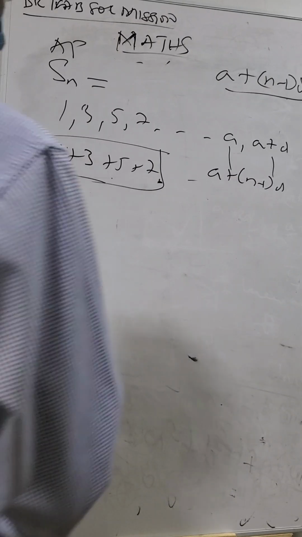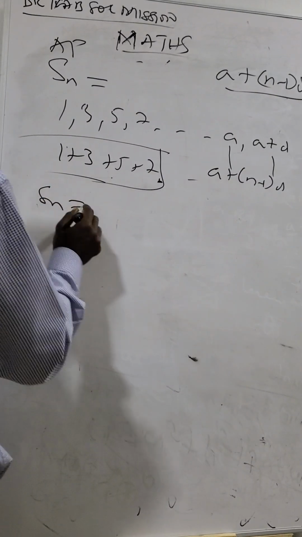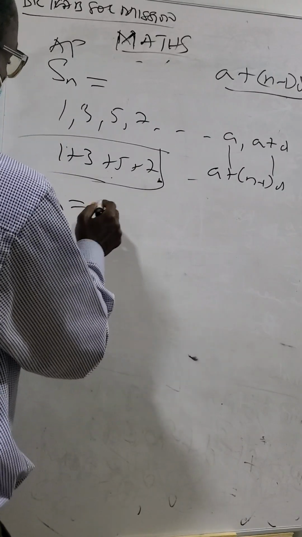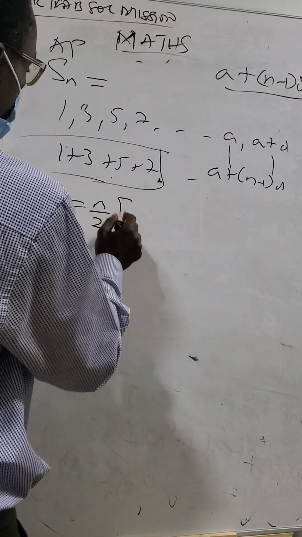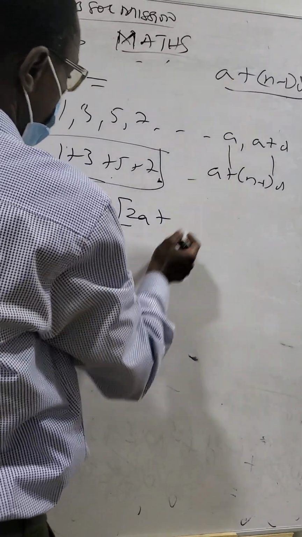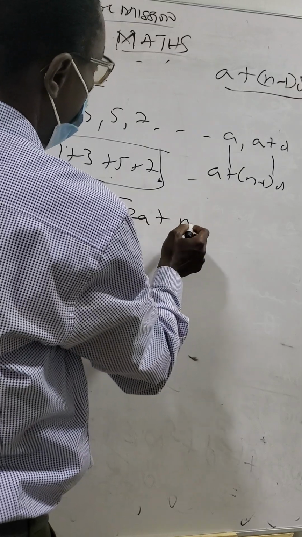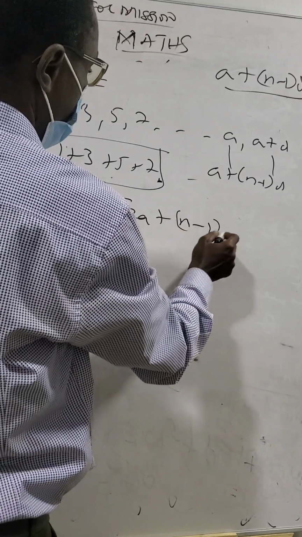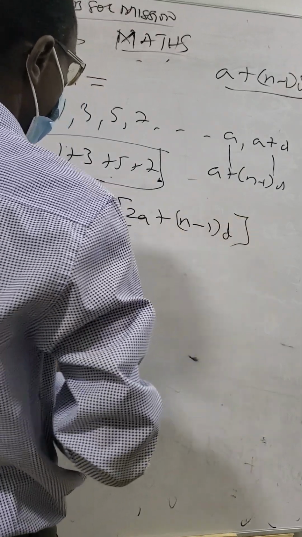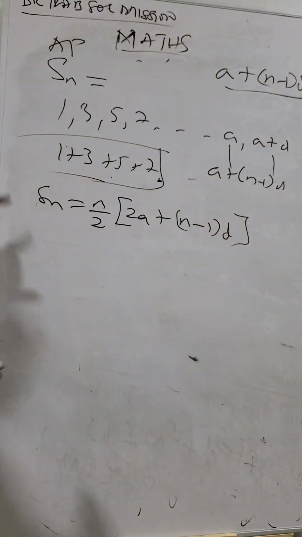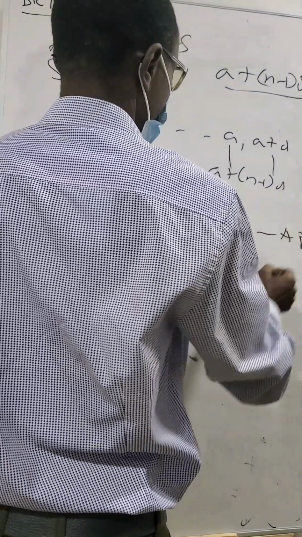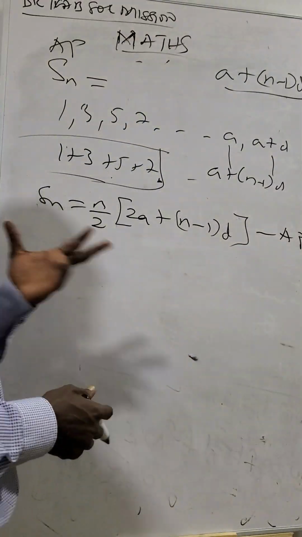Right, so Sn comes out as n over 2 bracket 2a plus the same formula that we have, n minus 1 d. Right, so this is the formula for summation for AP, or arithmetic progression, the sequence where we are adding.